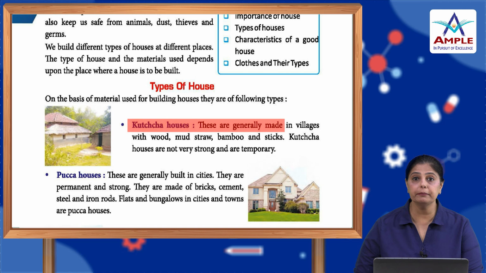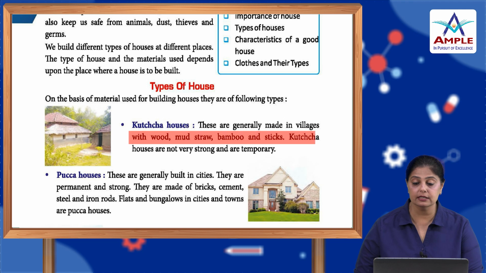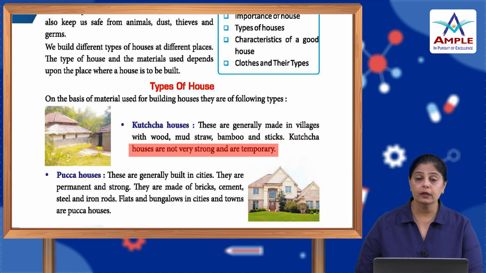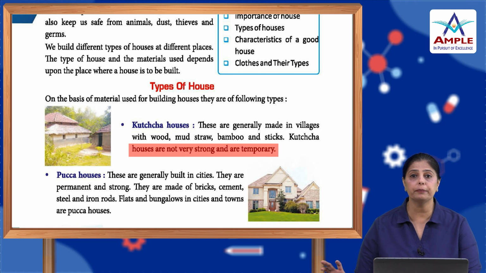Kacha houses are generally made in villages with wood, mud, straw, bamboo and sticks. Kacha houses are not very strong and they are temporary. These were one of the first houses that ancient people started building. It is not a permanent house.